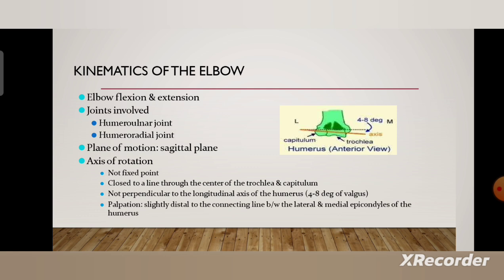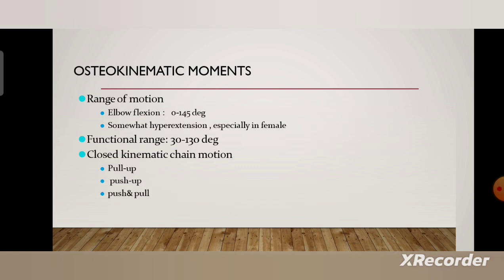The axis of rotation is not a fixed point. It is close to the line through the center of the trochlea and capitulum, not perpendicular to the longitudinal axis of the humerus, and palpated slightly distal to the connecting line between the lateral and medial epicondyle of the humerus.